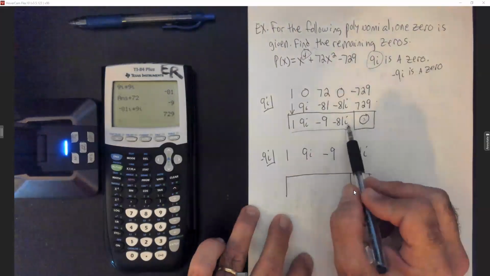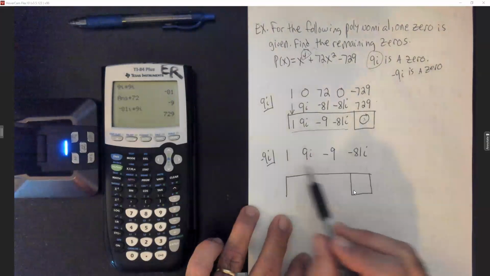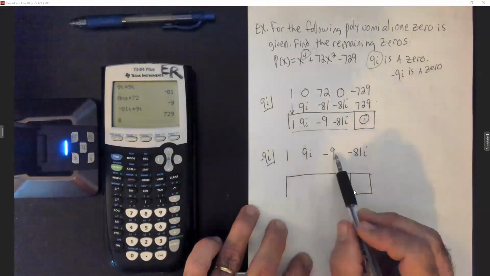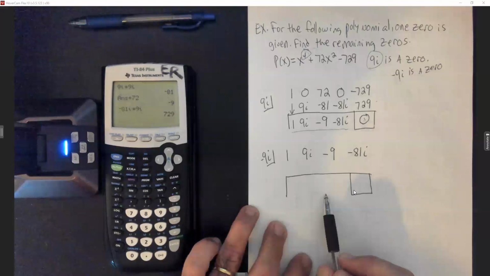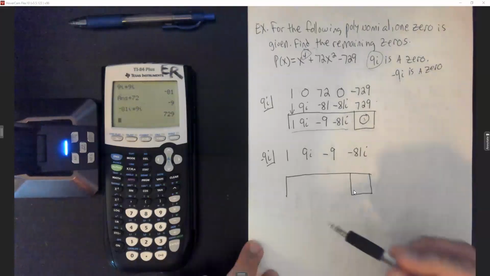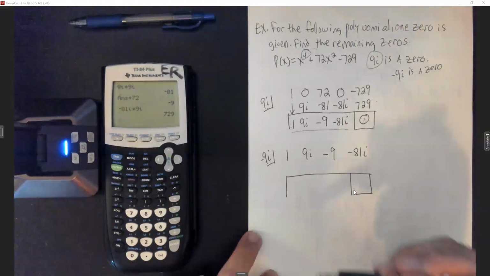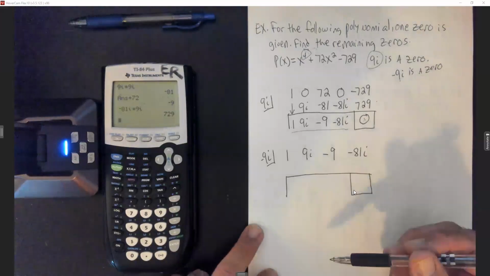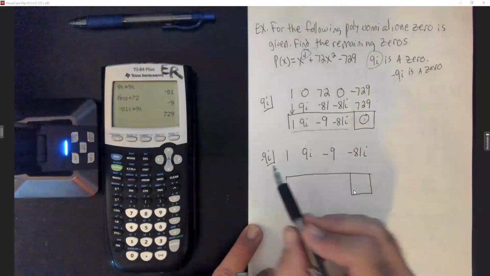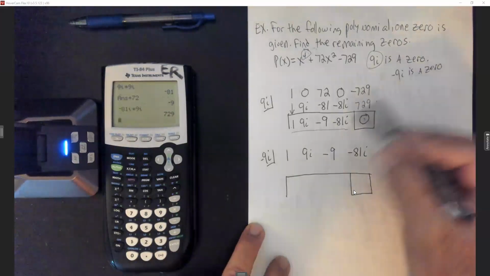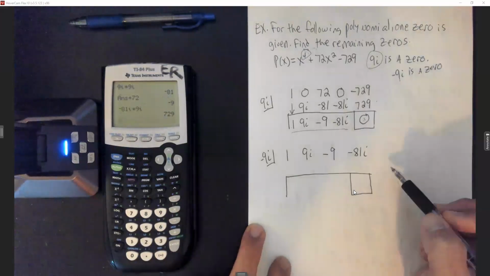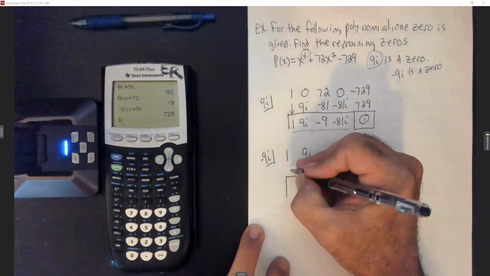Now, after we do this synthetic division, these 3 numbers that are left will give me my A, B, and C. I can use the quad to find the final two zeros, okay? But we had to know this was a negative 9i because of the conjugate pairs to get to this second zero, okay? So the 1 comes down.